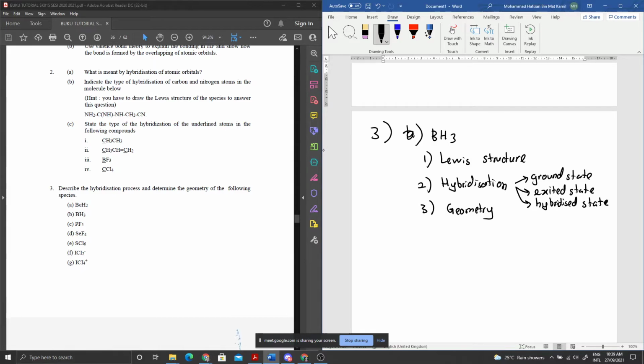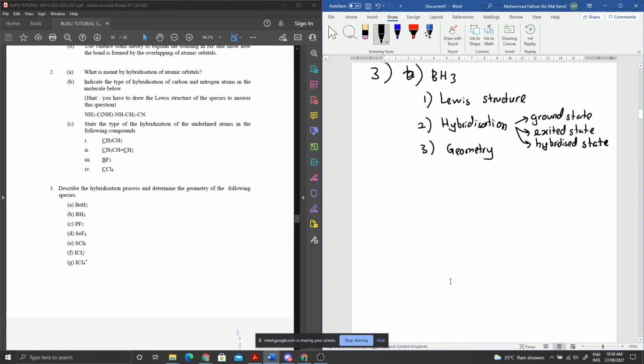Okay. First thing yang you need to faham, okay, let's buat dulu Lewis structure, and then saya akan bagi tahu what actually happens in a bonding. Okay, so Lewis structure dulu.